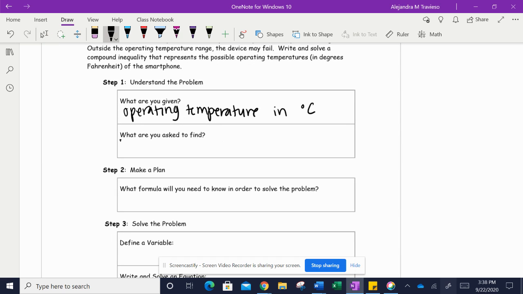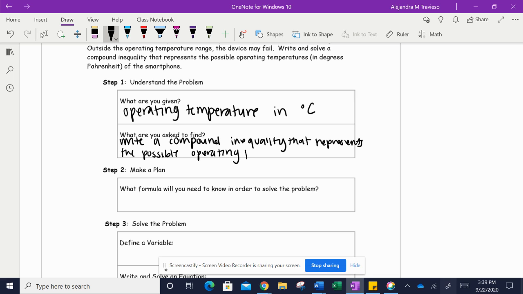We're asked to write a compound inequality that represents the possible operating temperatures of the smartphone.